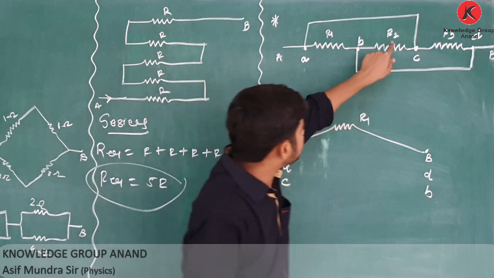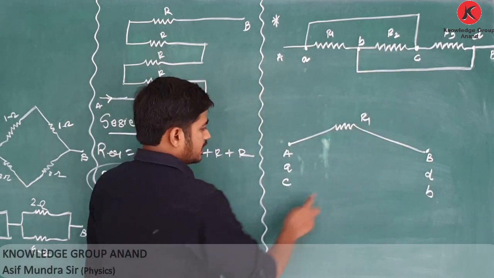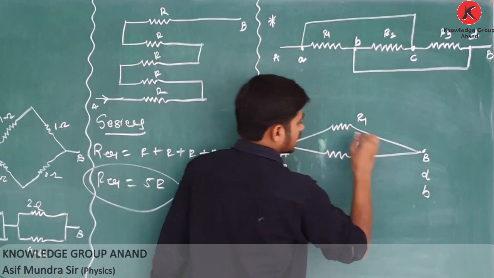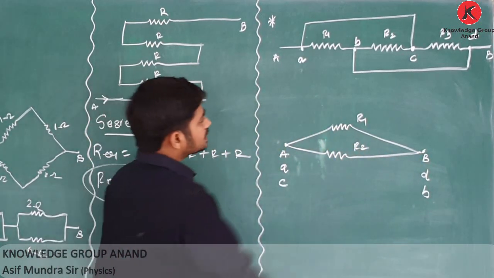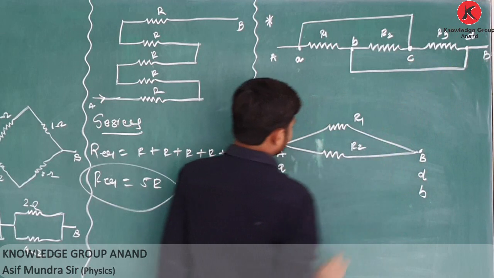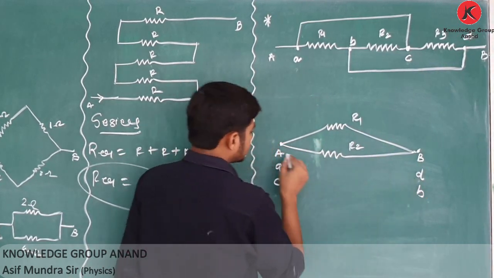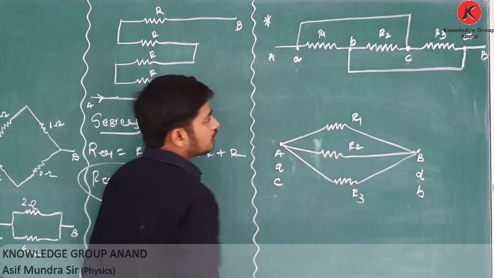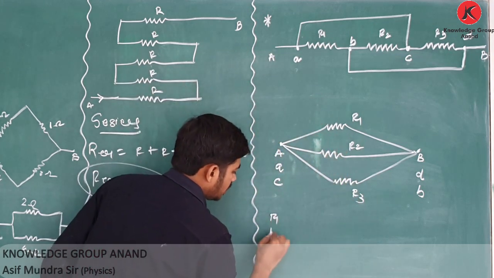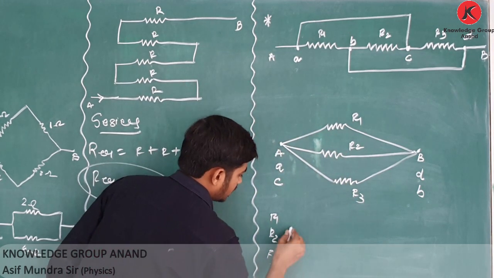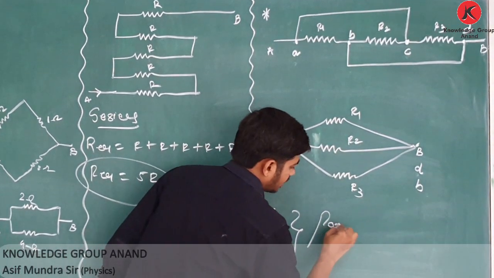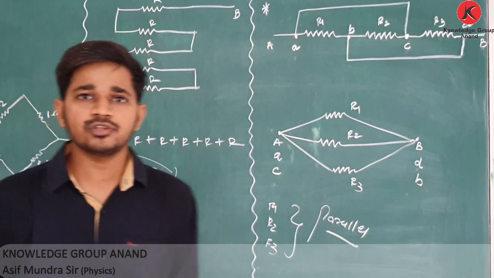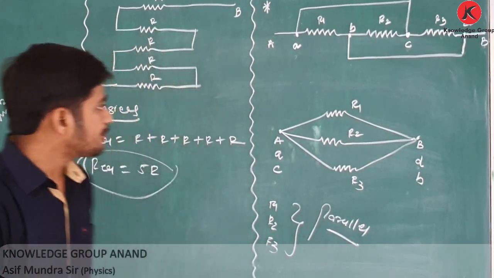This second resistor R2 is connected between B and C. Here it is B, here it is C, and here it is the second resistor R2. Clear. The third resistor R3 is connected between C and D. Here it is C, here it is D, and the third resistor is connected between them. So here I can say this R1, R2 and R3 are in parallel connection. Clear about this? Okay.